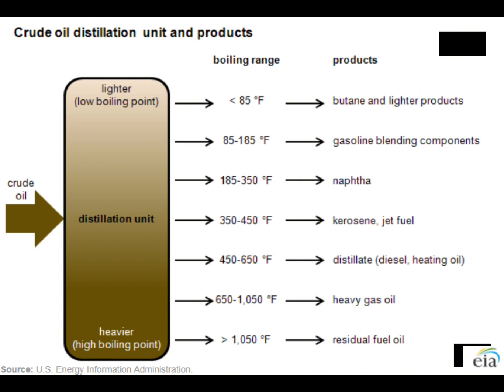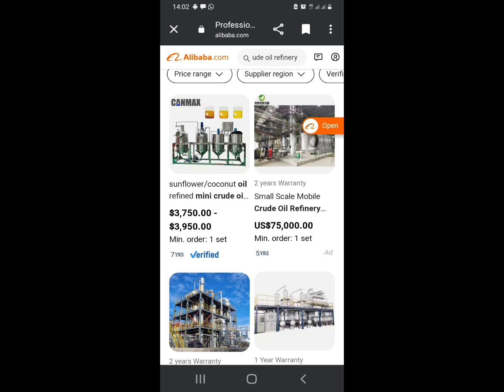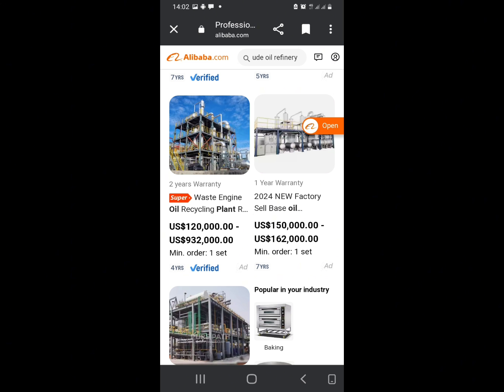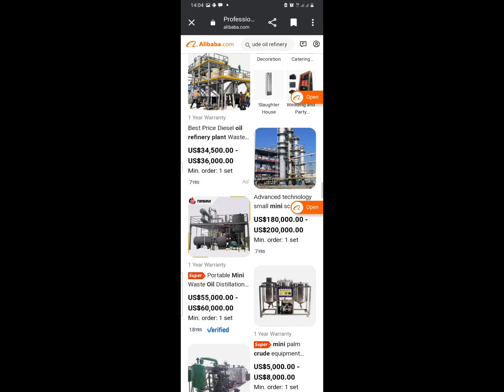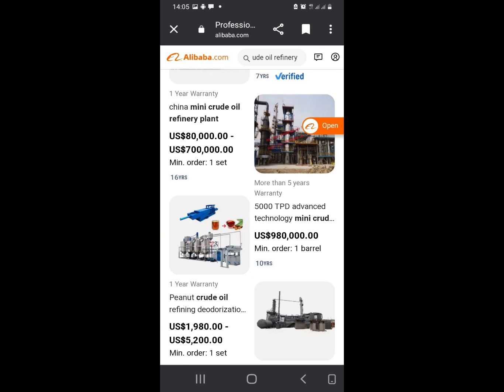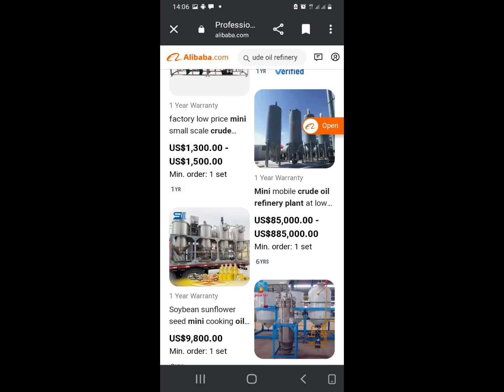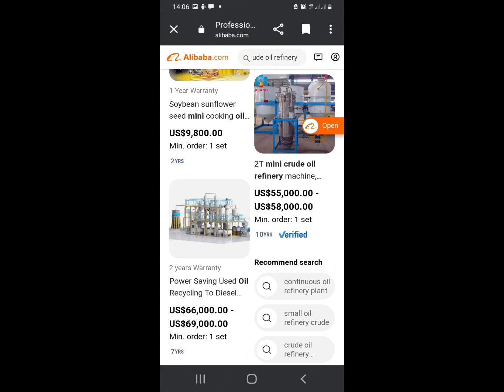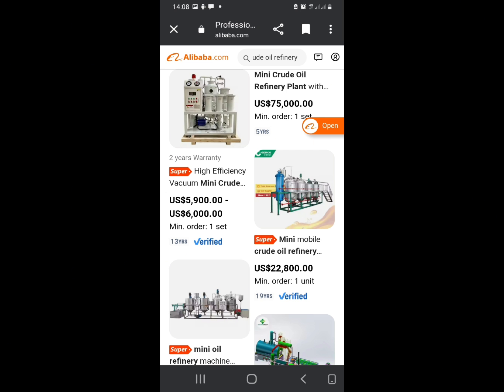And then you also need a tanker truck that will transport the final refined products to the sellers where you will be selling it. Also bear in mind that you are dealing with high value products, so you are going to need to beef up your security, both for crude oil and for finished and unfinished products.